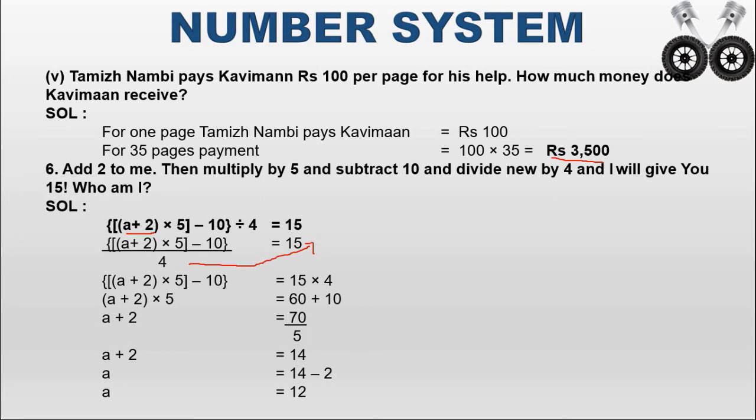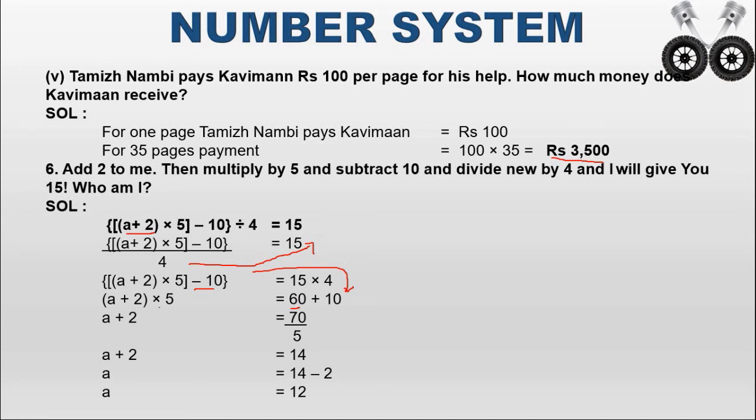So 15 into 4 is 60. Again on the LHS we have minus 10. When it comes to the RHS, we have to change the sign, so that is plus 10. So 60 plus 10, the value is 70.